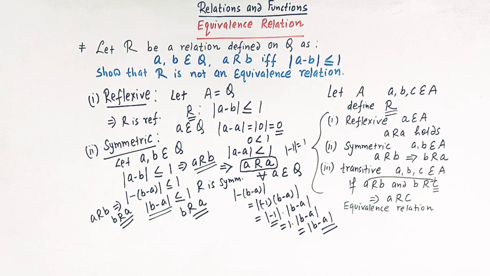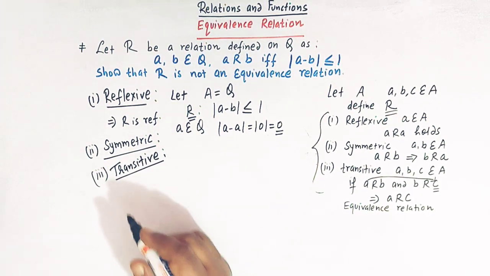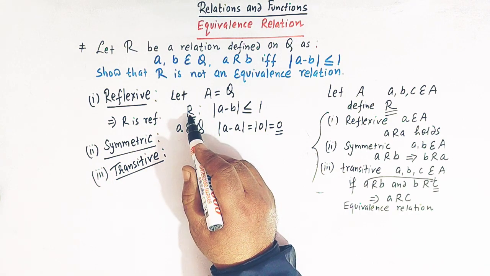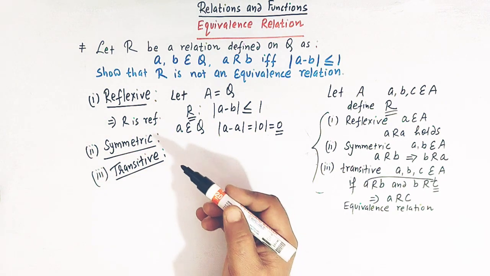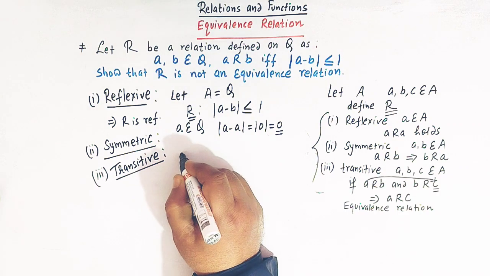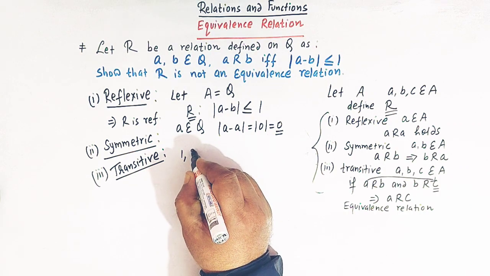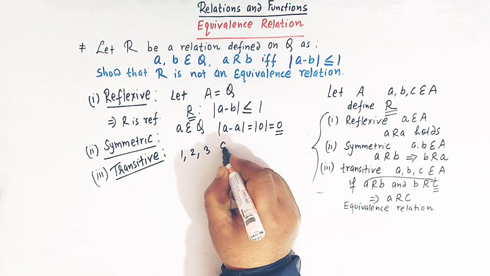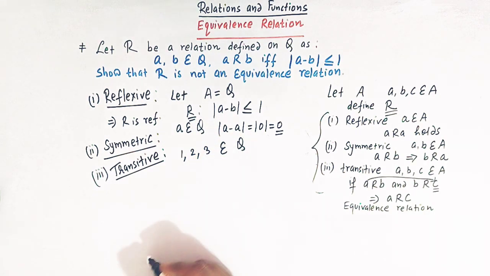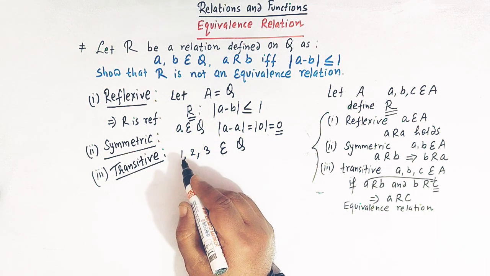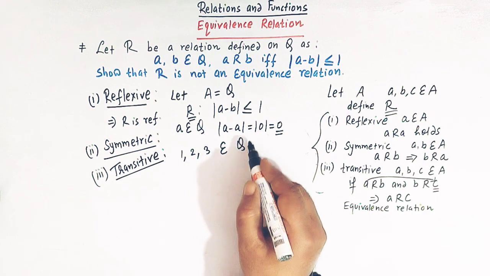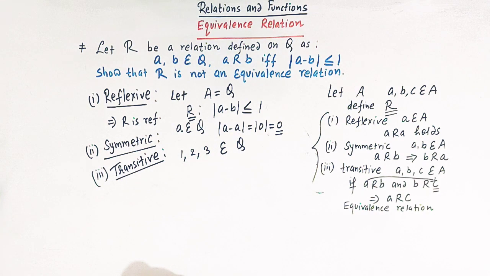Now let us consider the transitive relation. To consider whether this relation R is transitive or not, let us consider three elements 1, 2 and 3 belonging to the set of rational numbers Q, because 1, 2 and 3 are three rational numbers.